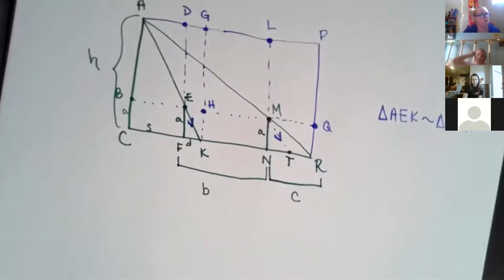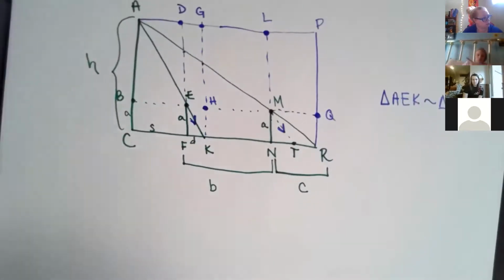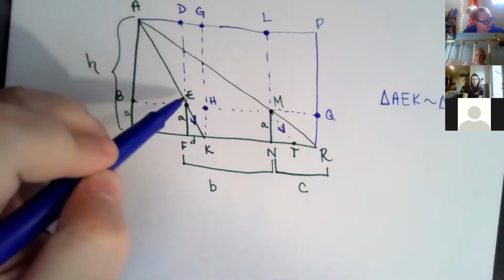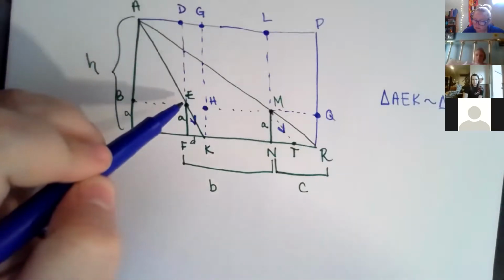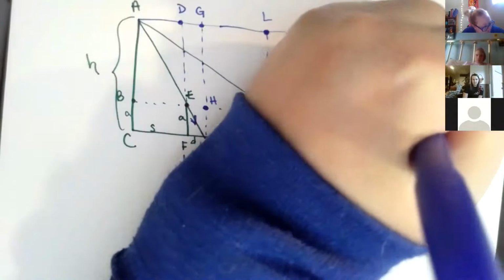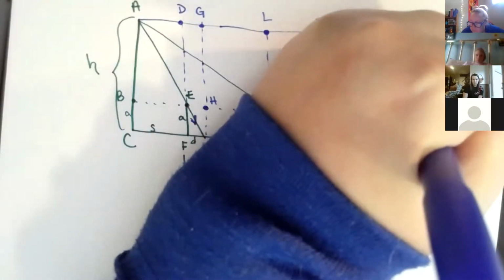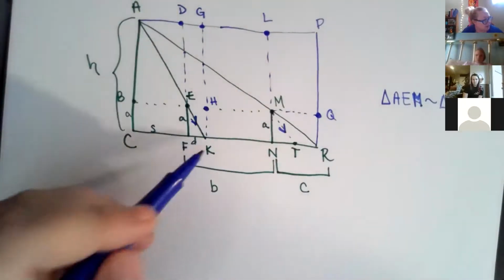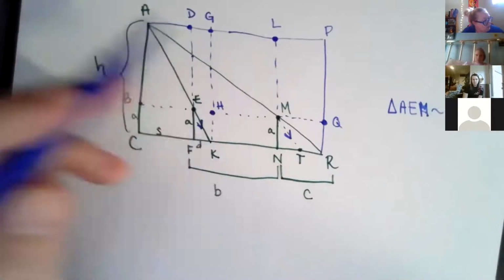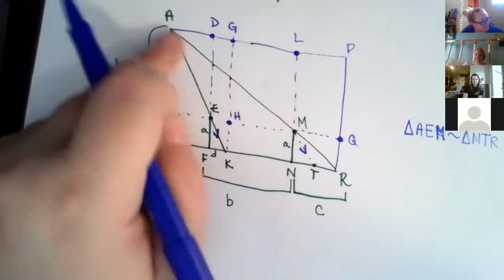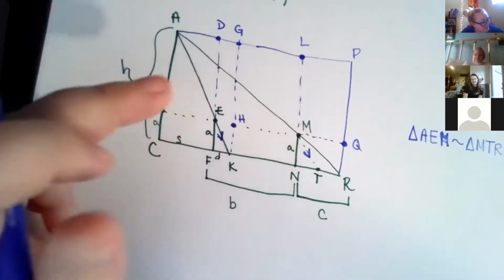Why? So we're looking at AE, M. Because that's a line, AEM, so this triangle, and then MTR.